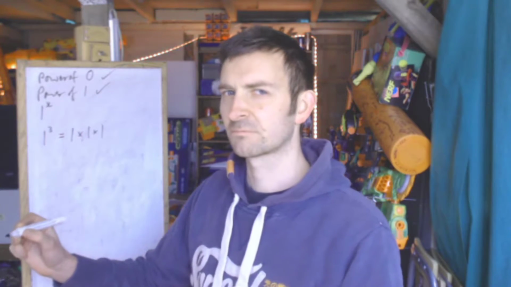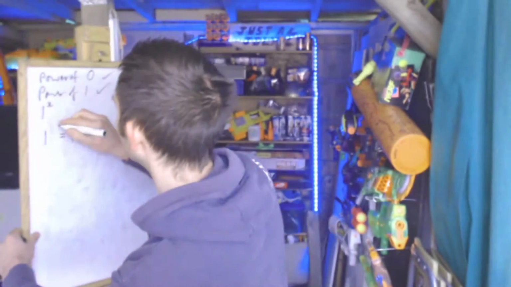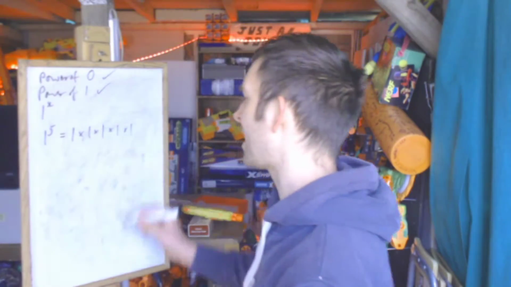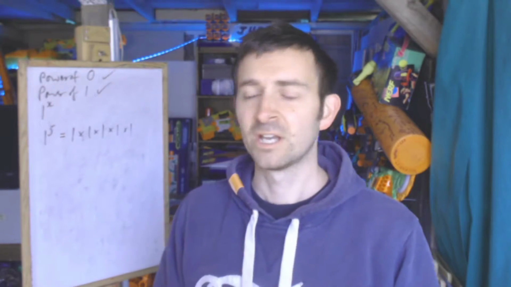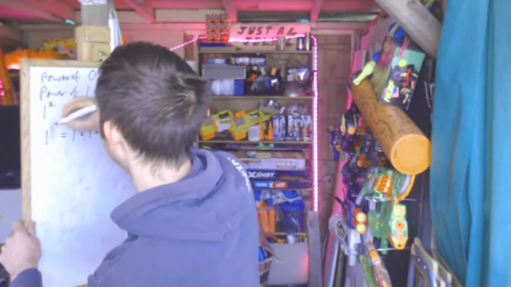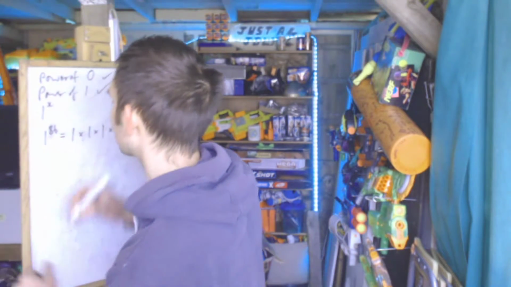Do you guys see what I'm saying here? Well, maybe if we use a bigger number, power of 5, 1 times 1 times 1, it doesn't matter how many times you multiply 1 by 1, the answer is always going to be 1. And if I wanted to, I could write some stupid number up here. I could have 1 to the power of, I don't know, 86.